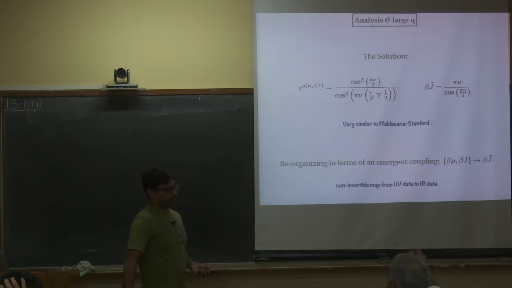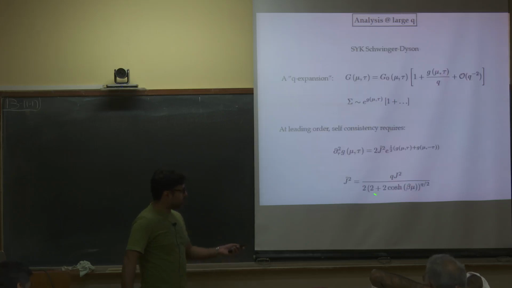No, it cannot go that way. It could be the other way. Even if J were big, mu makes it smaller, because this object cannot go small. This thing that is in the denominator, this cosh of beta mu, I cannot make small so that J is order 1 but this becomes large. That will not happen, but it will go the other way. I can take J to be very large, yet I tune this to make this very small.